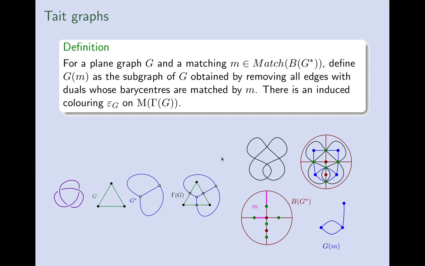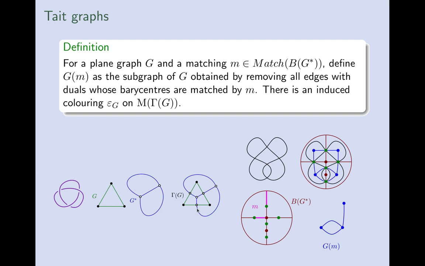Okay, also we do have a really simple bi-coloring induced on the matching complex of the Tait graph of a given graph G. So if we have a given graph G, we can consider its Tait graph like this, and we can consider its matching complex, which I haven't defined.